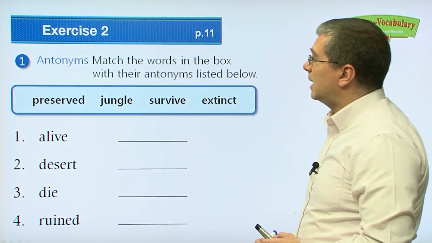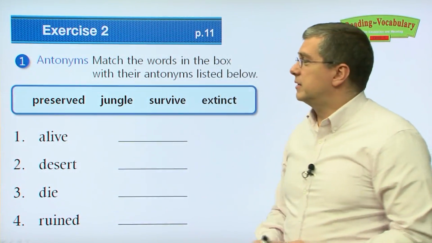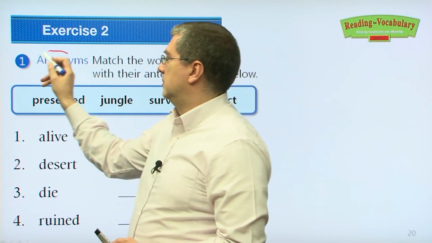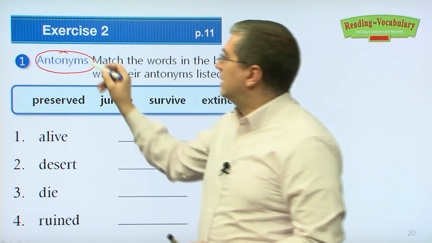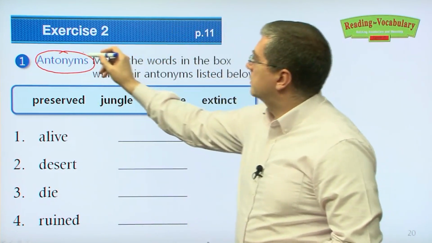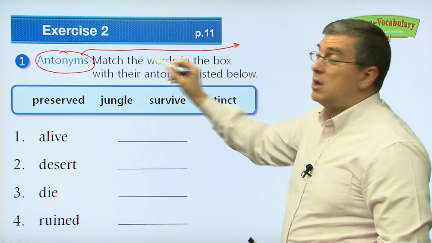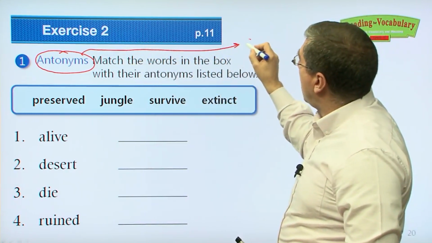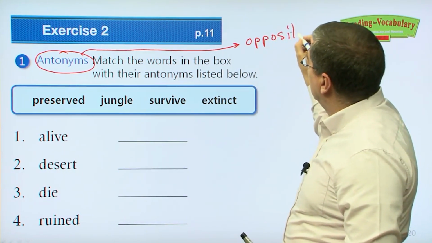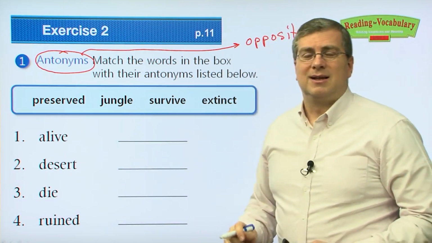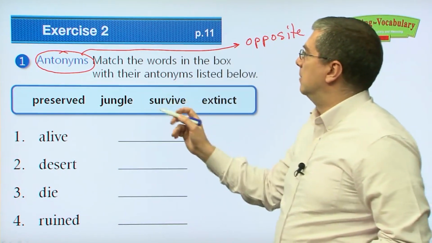Okay, let's go over the exercises here. The first exercise has to do with antonyms. What is an antonym? Antonym means words that have opposite meaning.